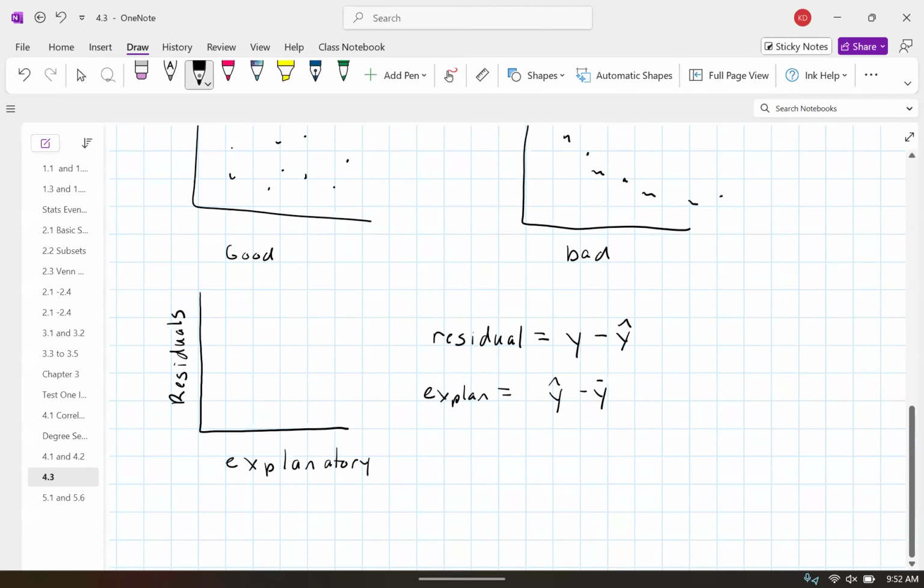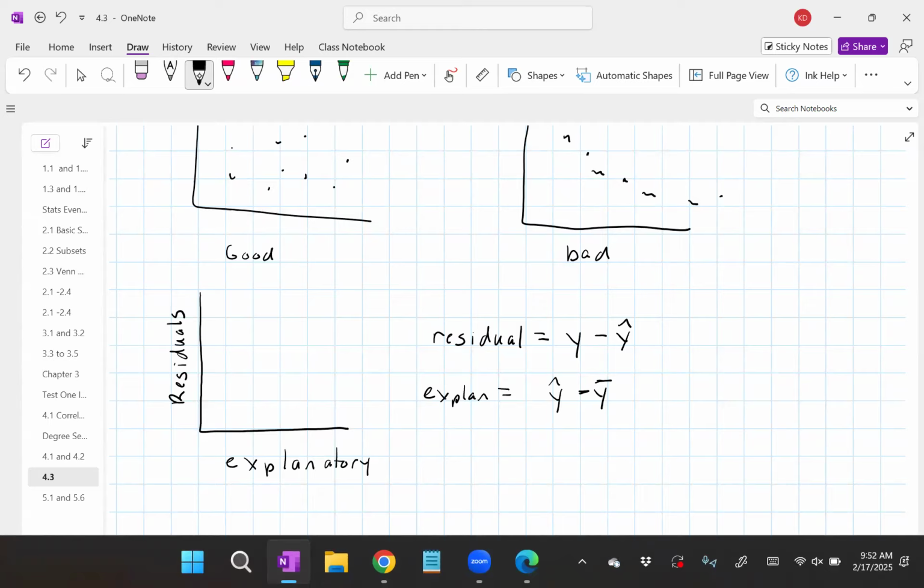For each data value, we take our actual data value minus the predicted y hat. That's going to be our residuals. And our explanatory is the y hat minus the mean. So that's how we find these. I would recommend another spreadsheet. Plot them all out, figure out what goes where. You can just subtract each one as you go. Find your actual y and your predicted, subtract them from each other, and then subtract the mean from the predicted, or vice versa. And then you plot them.